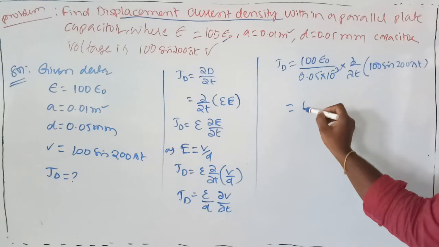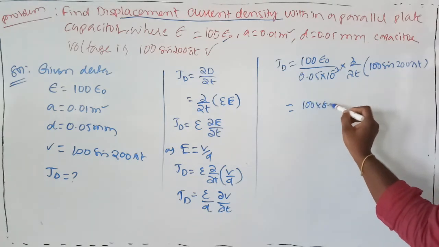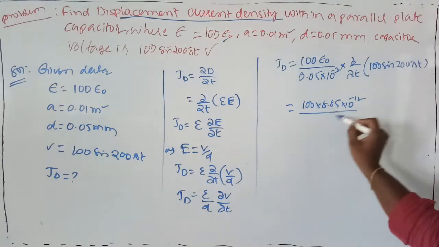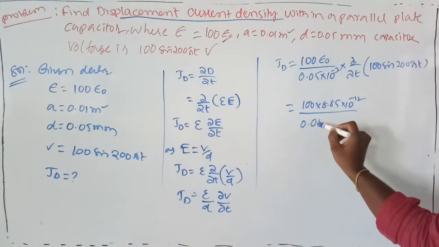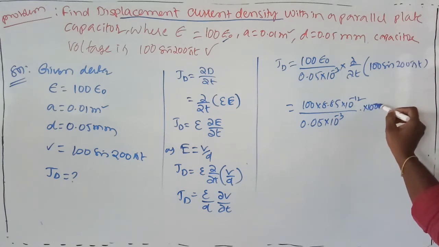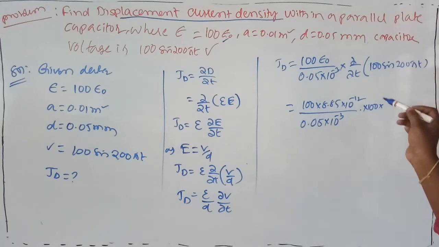Differentiate it. 100 into epsilon naught value 8.854 into 10 to the power of minus 12, divided by 0.05 into 10 to the power of minus 3, into 100 is a constant, into ∂/∂t of sin.